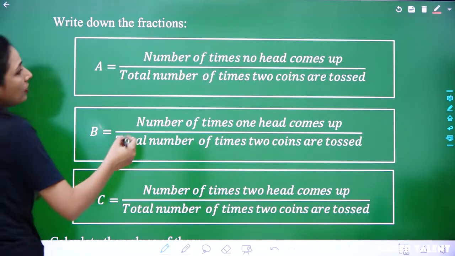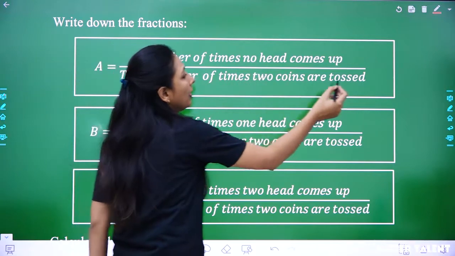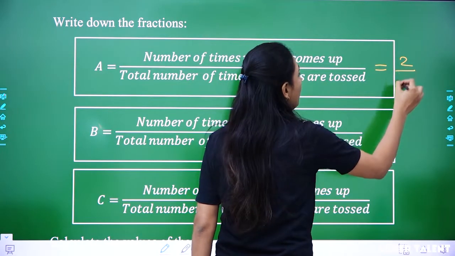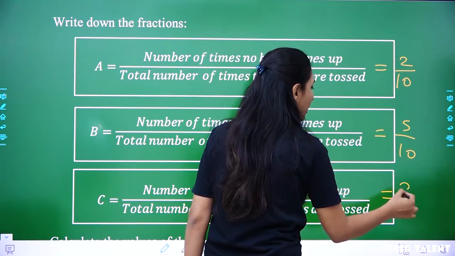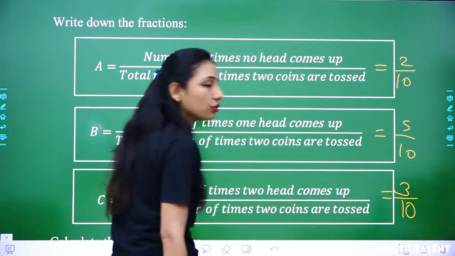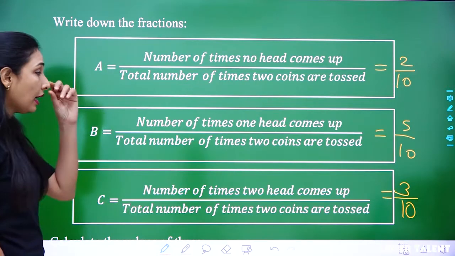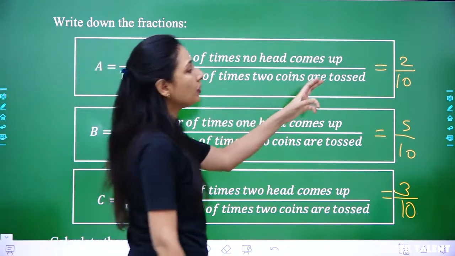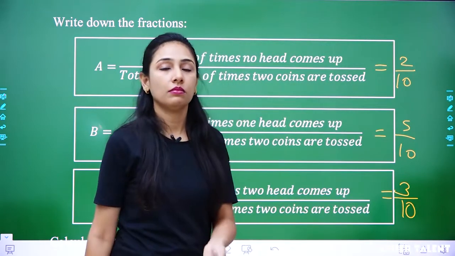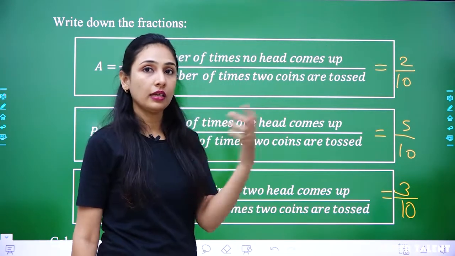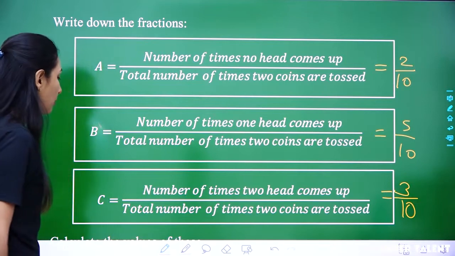For the number of times no head shows up, I've taken it to be 2, so that will be 2 by 10. Here it will be 5 by 10. Here it will be 3 by 10. Just read it carefully. I have just assumed numbers here. You may actually toss the coins and get the numbers in tabular form.